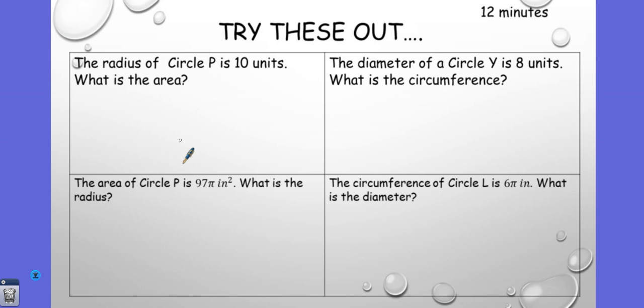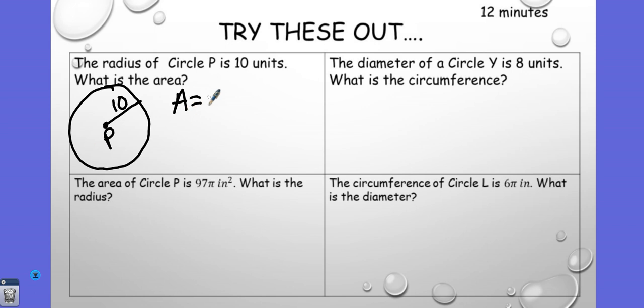Okay, let's keep going. Here is the next one. Draw a circle. It says circle P. And this will be the last 4. You should be okay with the rest of them. It says the radius of circle P is 10 units, so I'm going to put 10 right here, and it says what's the area, so it wants to know the inside space.